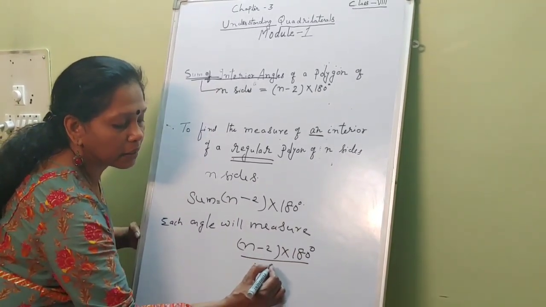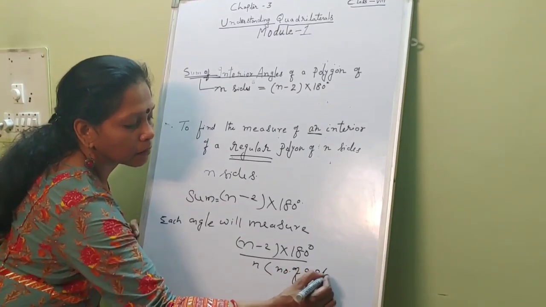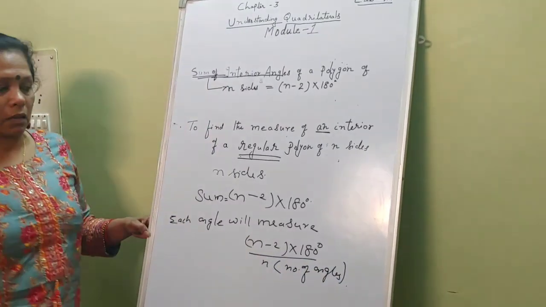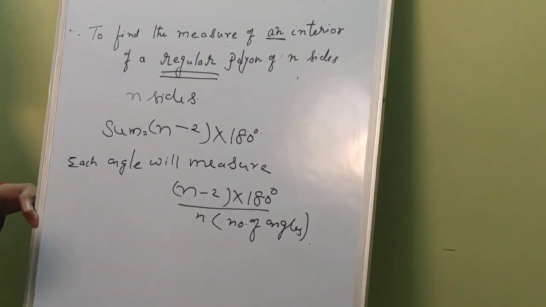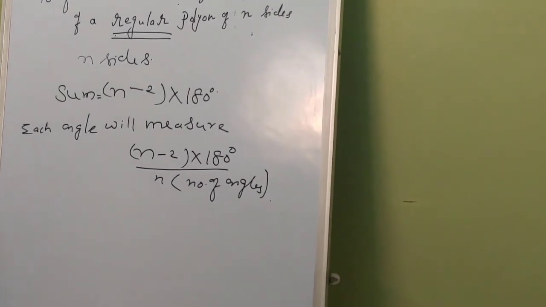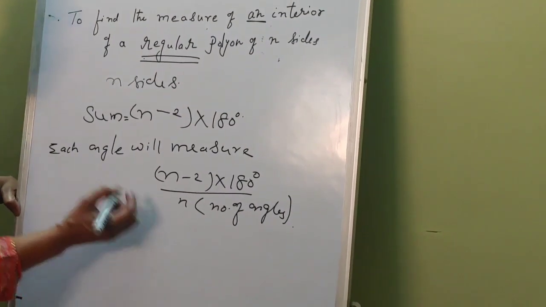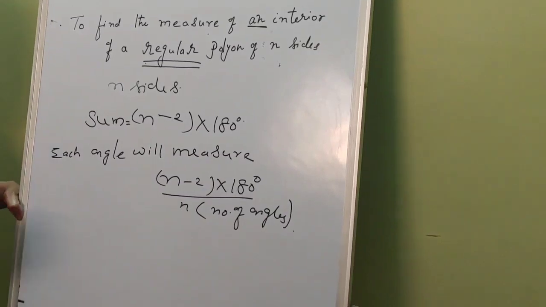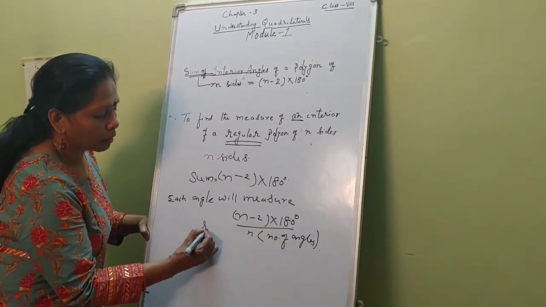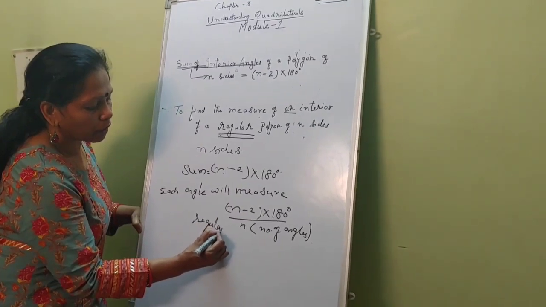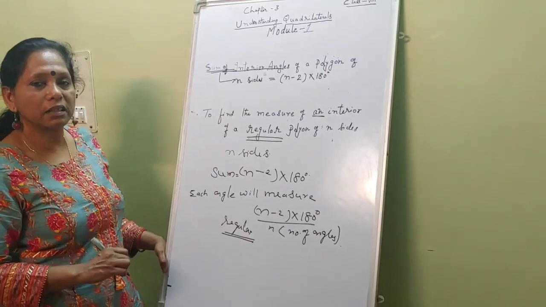What is n here? n is the number of angles. So this will give you the measure of each interior angle of a regular polygon. You should understand that we cannot use this formula for a non-regular polygon. It is exclusively for a regular polygon, because only in a regular polygon is each angle equal.